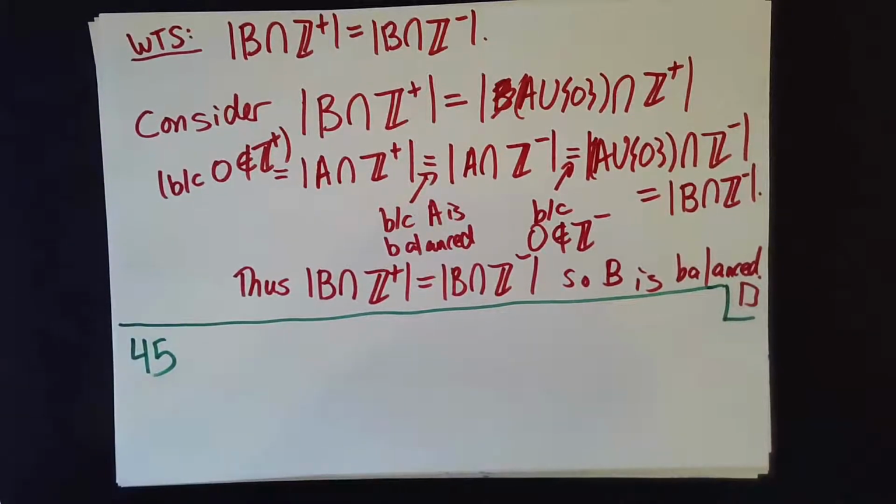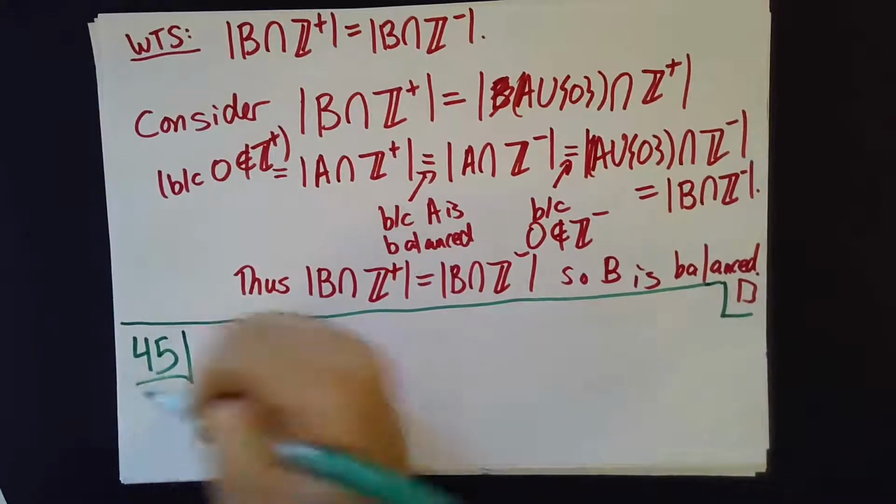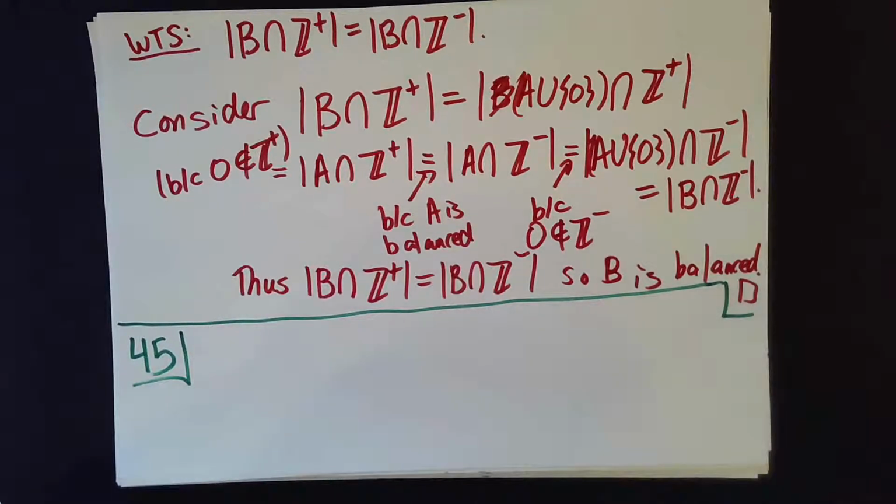Okay, so someone asked about 45. I originally put 45 on here in the hopes that it would be a proof by contradiction, but it turns out you do not need contradiction. You can do proof by contrapositive.